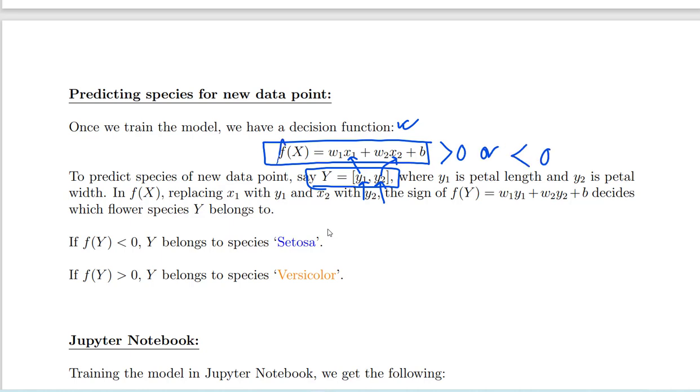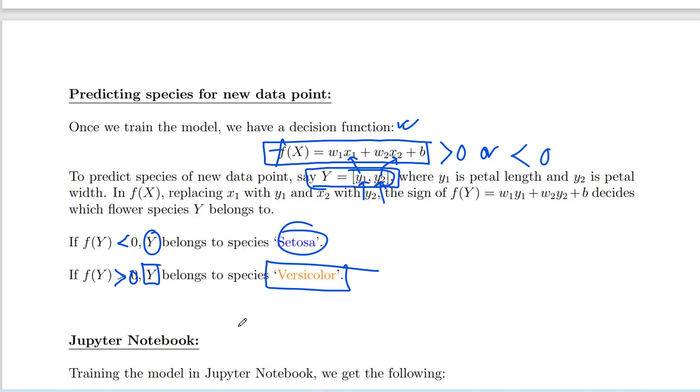If it is negative, then the new data point belongs to Setosa. If the value is positive, bigger than 0, then it belongs to Versicolor.